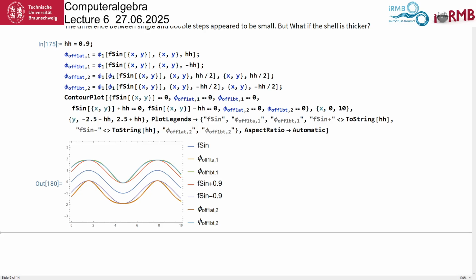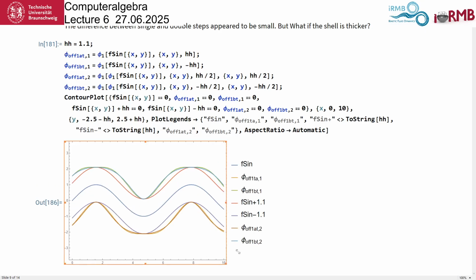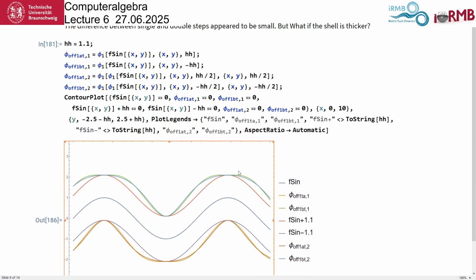If h is bigger than 1, for example 1.1, you would see this behavior again, and if it's less than 1, okay, how much do we need to zoom in? Yes, there is some overshoot, right? So you say that there is 0 overshoot for 1.